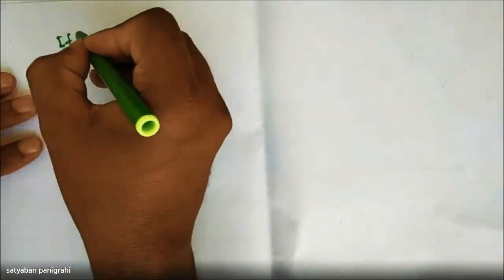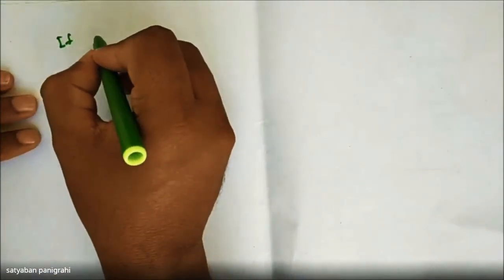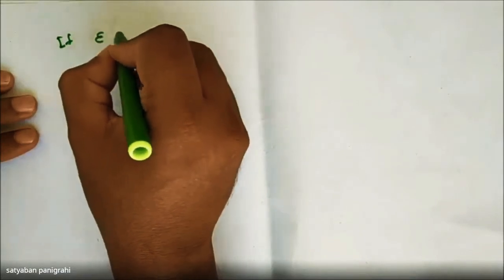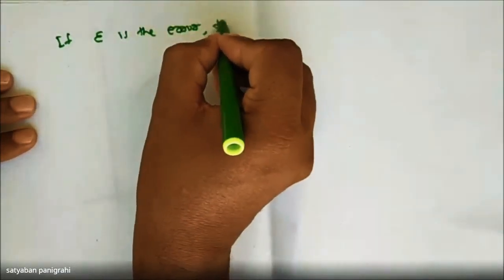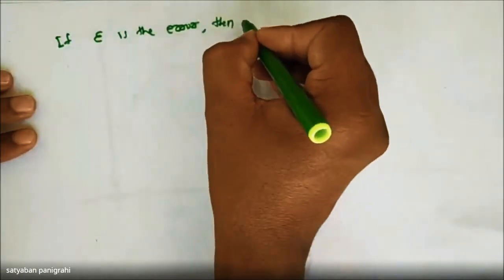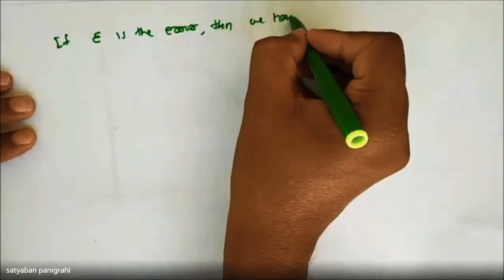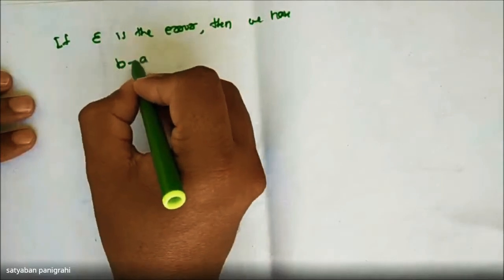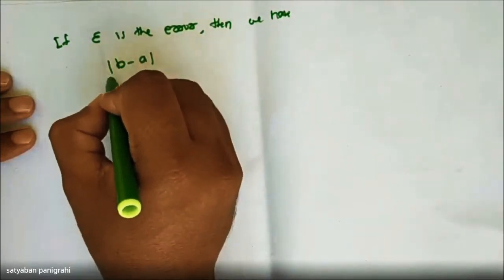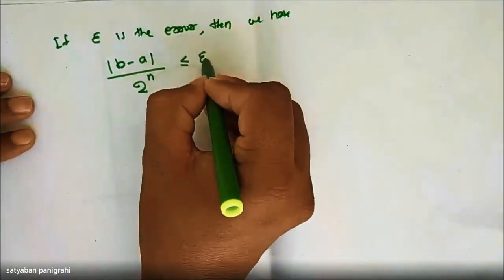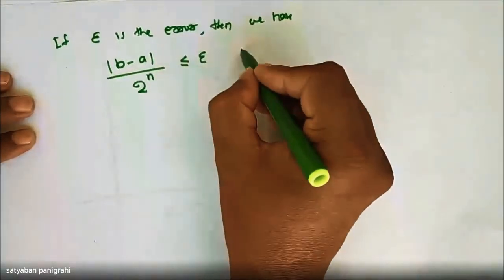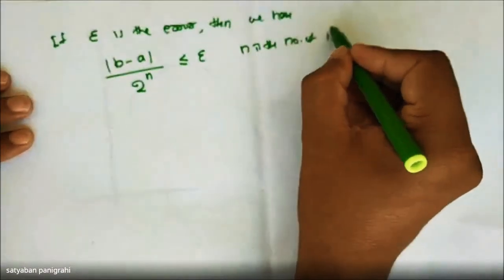If epsilon is the error, then we have |b minus a| divided by 2 to the power n less than epsilon, where n is the number of iterations.